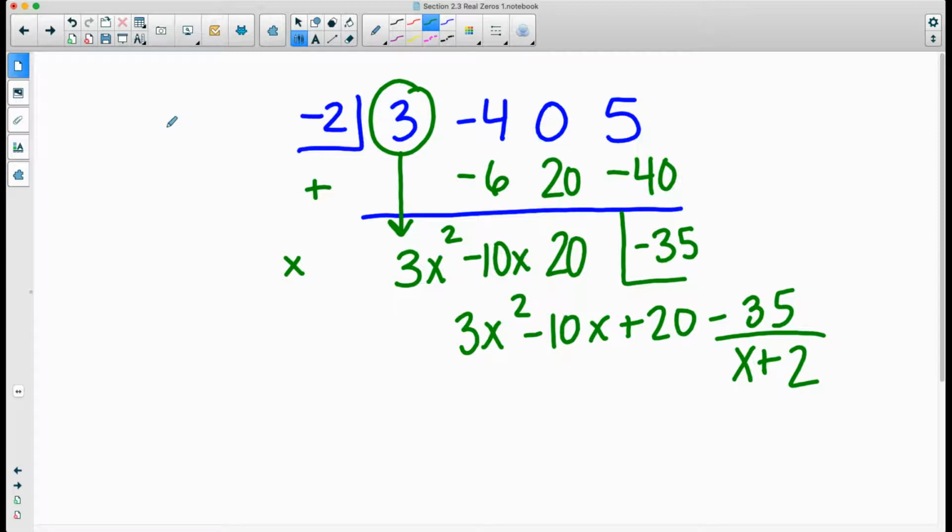You can only do synthetic division when you have a linear binomial.